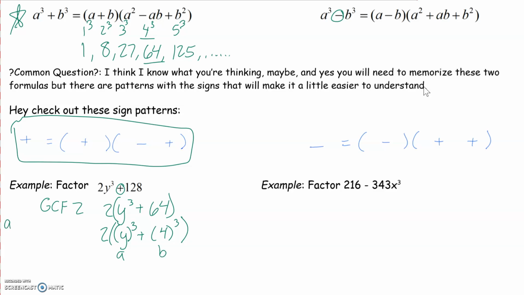And so if I know that A equals y and B equals 4, I can substitute it into the formula that I already have up here, which is just A plus B. So I'm going to end up with y plus 4. And our next part is A squared, which would be y squared, minus A times B, which I can change around because the multiplicative inverse basically states that I can multiply either way.